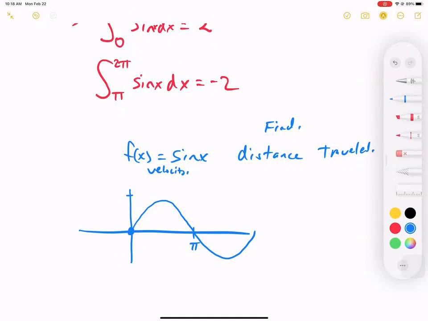So think of this as me on a bike and velocity. Positive velocity means I'm going forward. And then if I have negative velocity, what do you think? I'm going backwards. So if I go forward 2 miles and I go backwards exactly the same 2 miles, where am I? I'm back to where I started from.